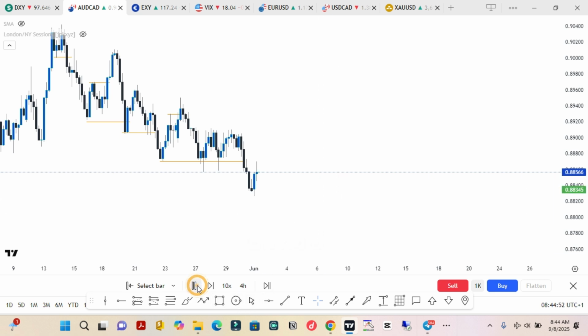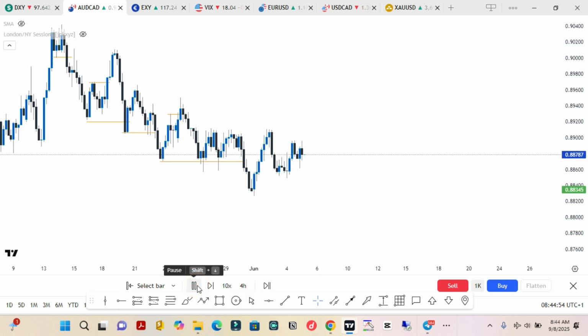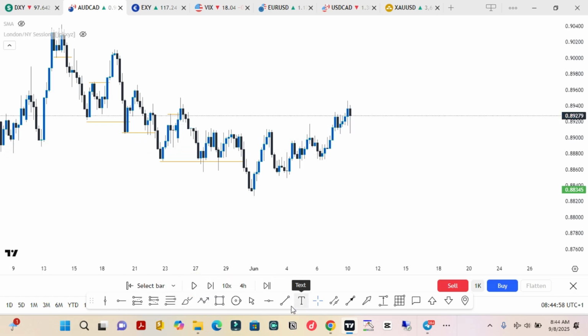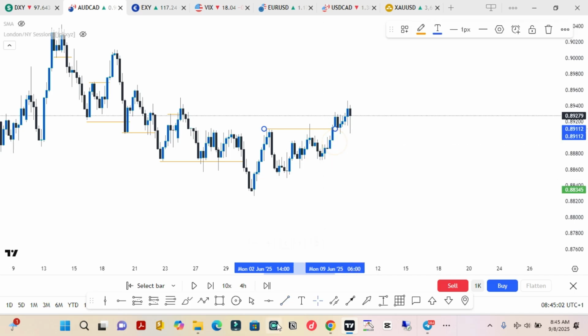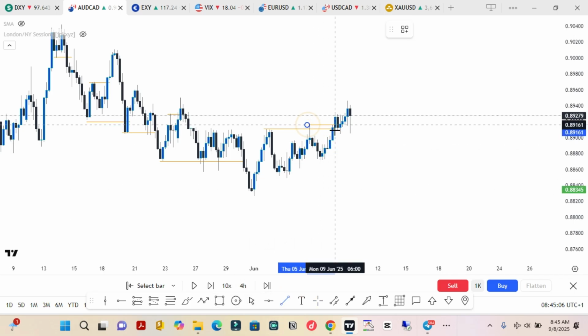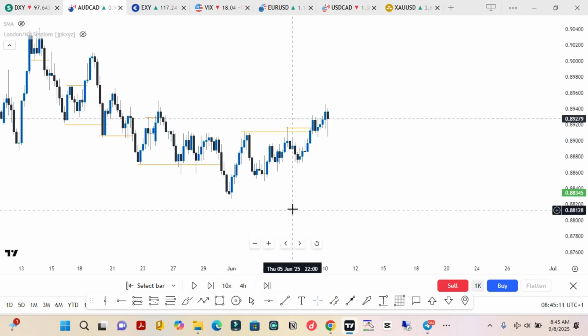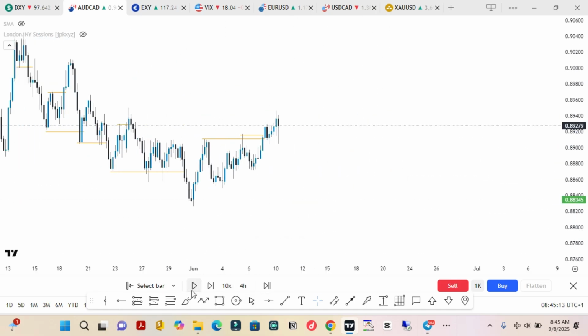So now we keep going. Let's keep going. Okay, so now you have another break of structure towards the upward side. This one is even called a double break of structure. You also have a break of structure based on this particular move right here. So let's keep going.